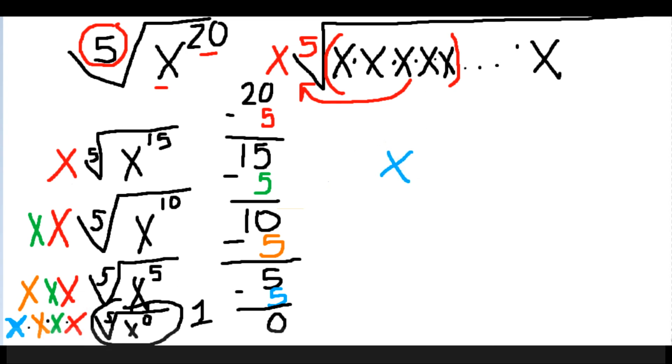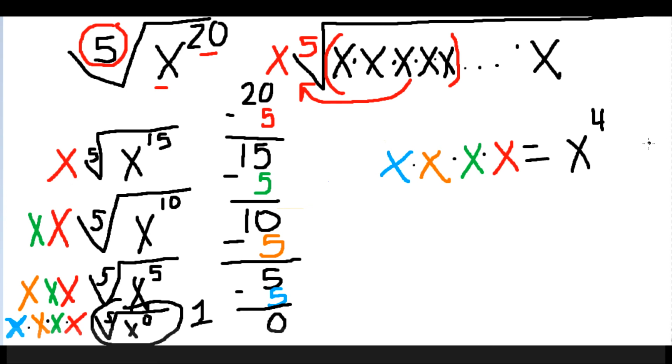I'm left with all my x's that I pulled out to the outside, right? Each of these represents a group of 5 that we pulled out, okay? So what does that leave us with? x times x times x times x leaves us with x to the 4th. That's 4 copies of x.